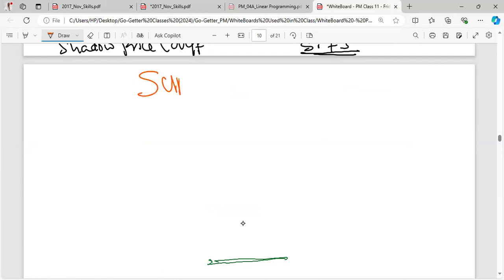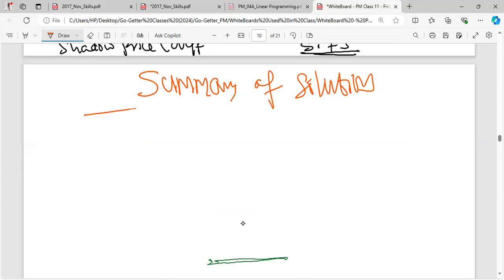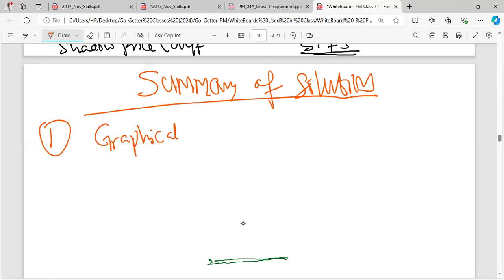Summary of solution. 1, graphical method was used.